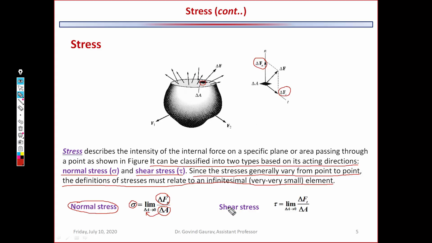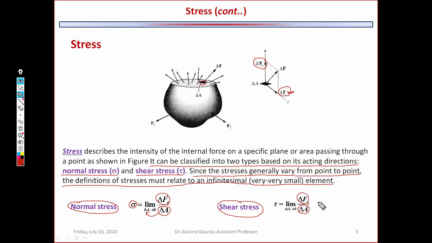The second type is the shear stress, where delta Ft is the force acting along the direction of the plane which we have considered. It will be parallel to the plane, and delta A is the area which we have selected.